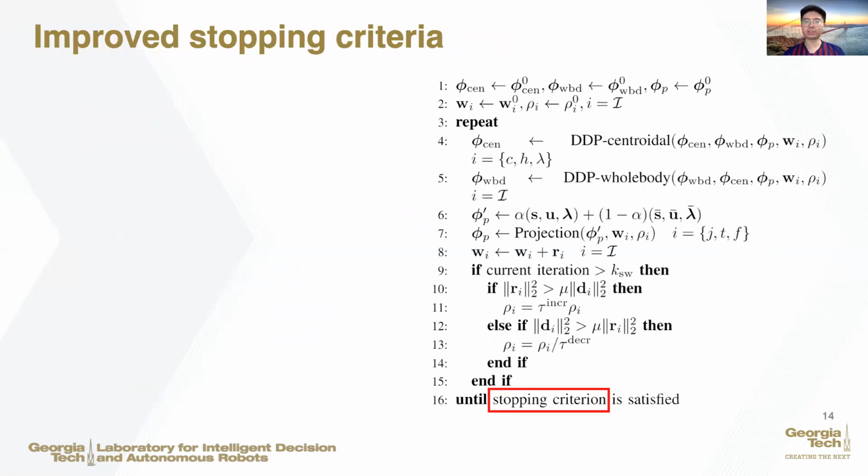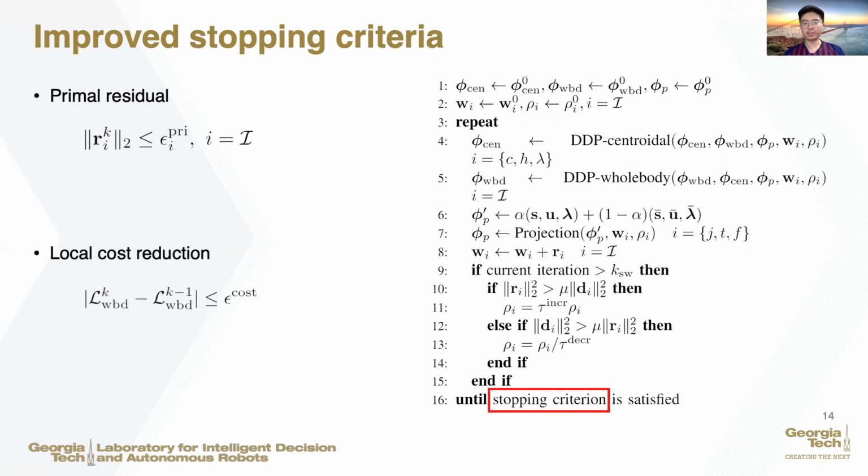To determine when convergence is achieved, a stopping criterion is clearly defined for all the coupling constraints. We first use the L2 norm of primal residuals with a tolerance similar to classical ADMM approaches. On the other hand, since the global problem is highly non-convex and nonlinear, the local penalty costs sometimes do not converge well, even when the primal residual is relatively small.